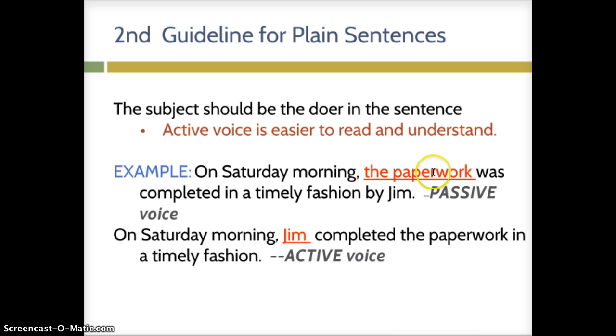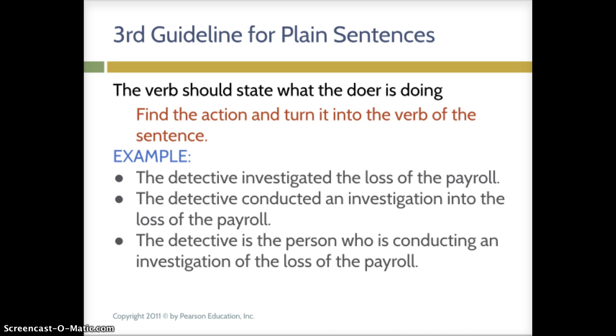Here we have this word paperwork that looks like it's doing the action of the verb was completed, but actually it's not. What the sentence should look like is like this one. On Saturday morning, Jim, who's the true subject of this sentence, completed the paperwork in a timely fashion. This is active voice, where the subject is the person doing the action of the verb, and it's in the correct spot in the sentence.